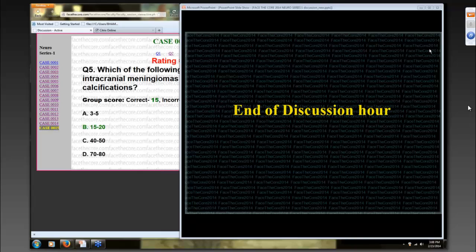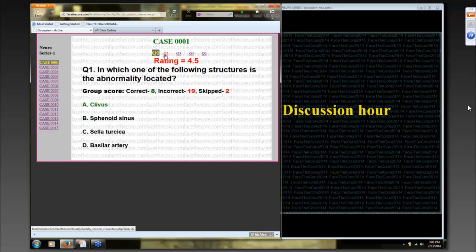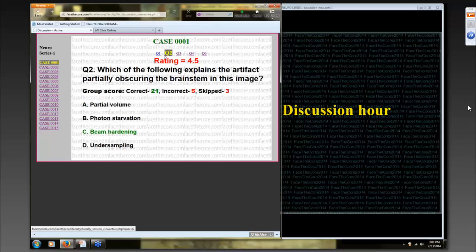Go ahead. Okay, so the first question is case 1, question 2. Why is the correct choice not B? Photon starvation? Yeah. The beam hardening artifacts are typically horizontal. If it is photon starvation, the artifacts will be everywhere.